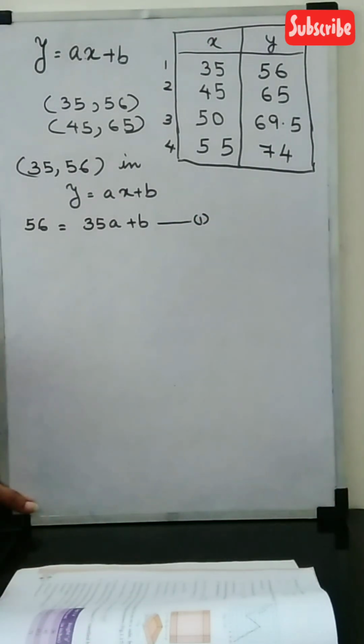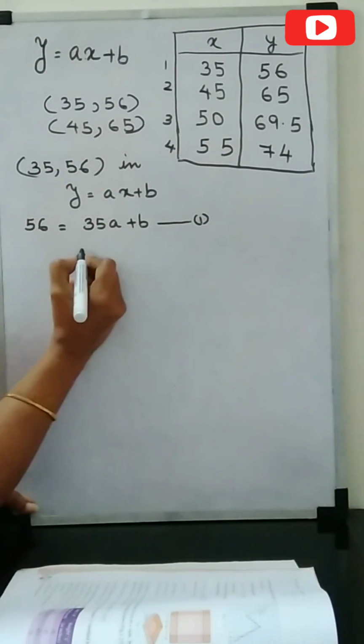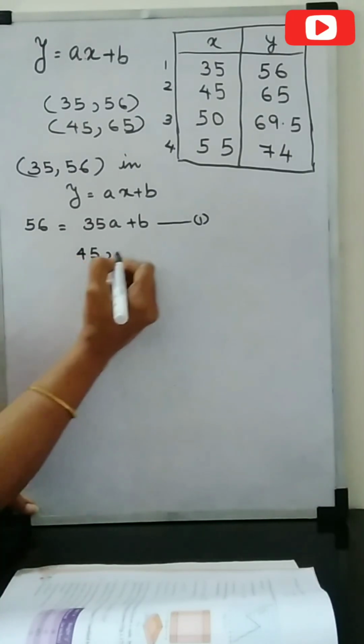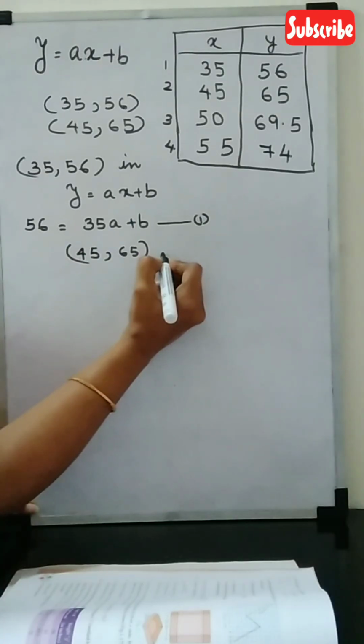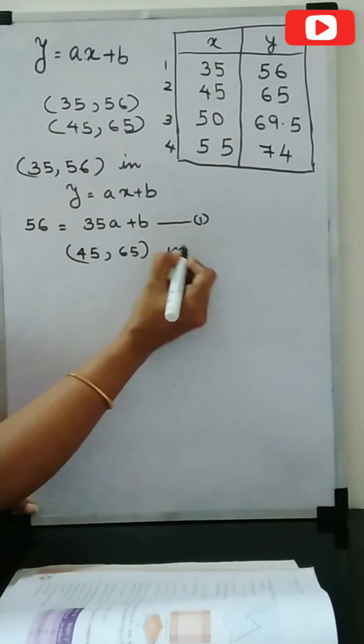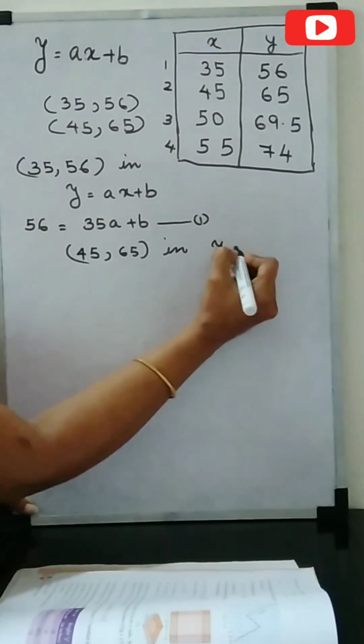Now, in the same way, the second ordered pair, 45 and 65, let us substitute that in y is equal to ax plus b.